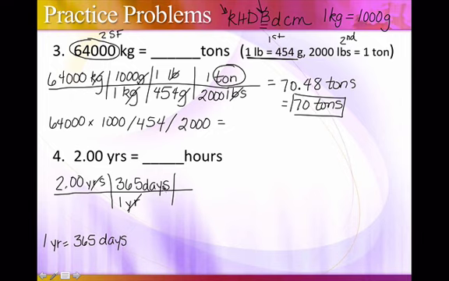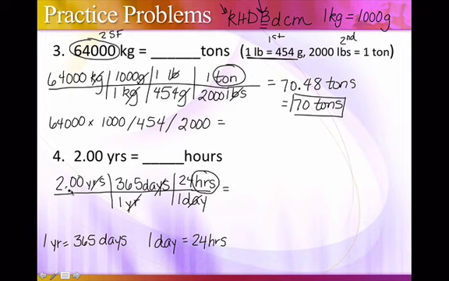Well, now I have to get from days to hours, which I know that in 1 day, there are 24 hours. So since I'm in days, my 1 day from my conversion factor needs to go on the bottom, because that way these two will cancel. And what I'm going to go into is the 24 hours on top. So that leaves years canceled out, days canceled out. Hours is the only one not canceled.